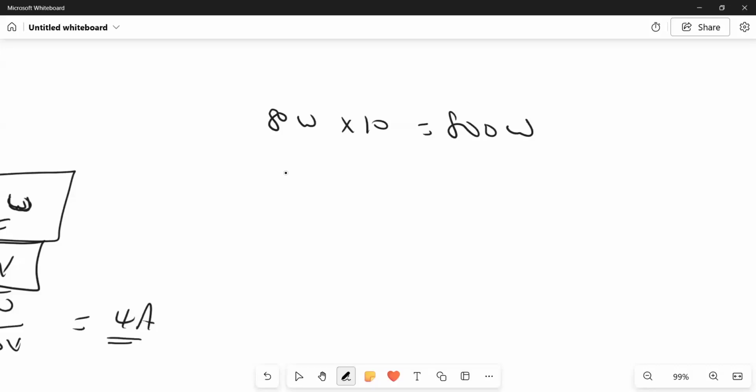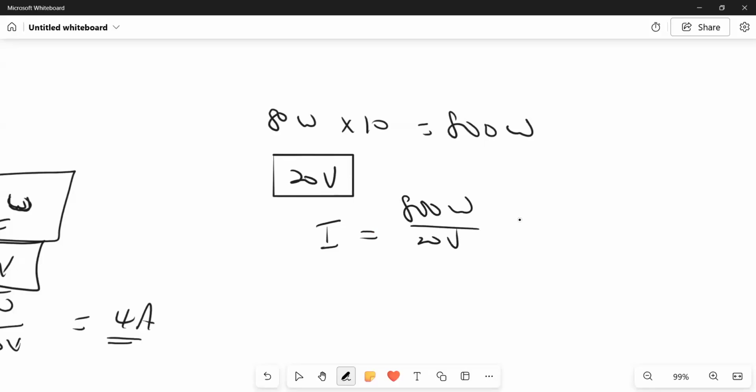And in parallel, it's going to produce only the same 20 volts, not 200 volts like before. Now, guess what the current is going to be? I equals 800 watts over 20 volts. Look at what's going to happen here now, right? 800 divided by 20 is 40 ampere.